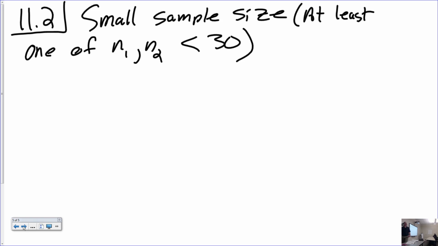Note again, as long as one of the sample sizes is less than 30, you are considered small. All right? Doesn't matter if the sum of them is more than 60 or anything like that whatsoever. If you sampled less than 30 in either of your populations, you must use t-statistics, okay? That's all there is to it.